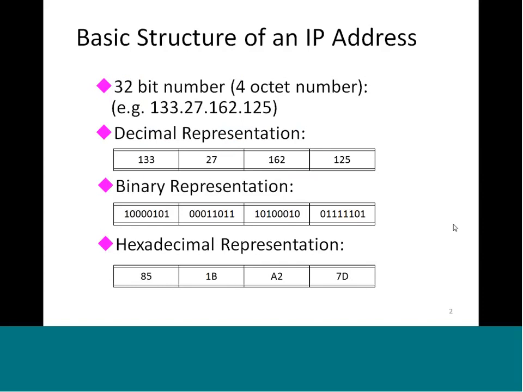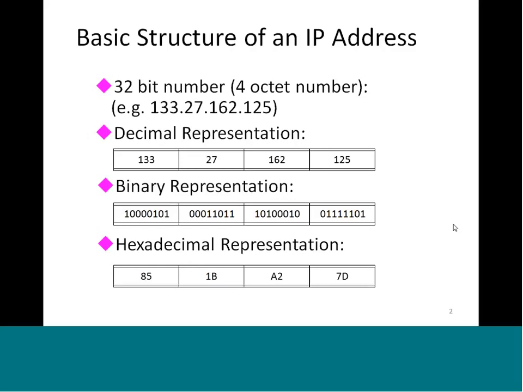Each one just gets its own binary equivalent. Sometimes it's also represented in hexadecimal, where 133 in hexadecimal is 85, then 27 becomes 1B, 162 becomes A2, and 125 becomes 7B.